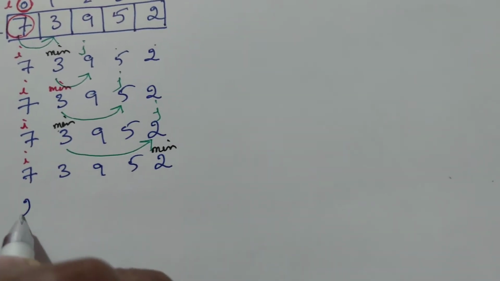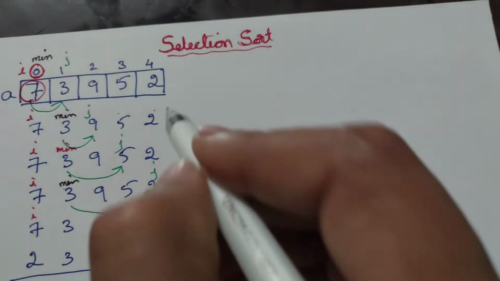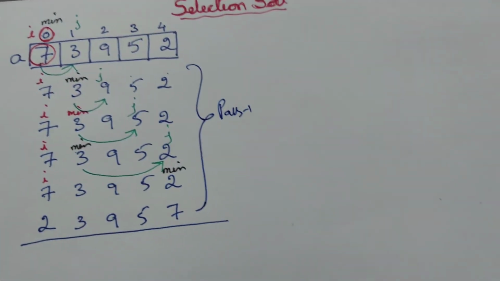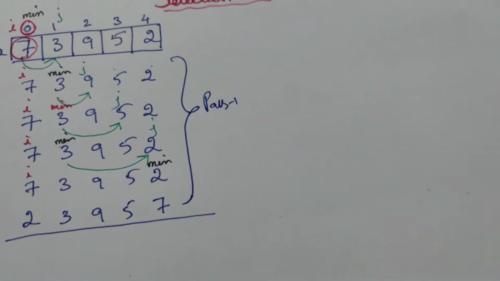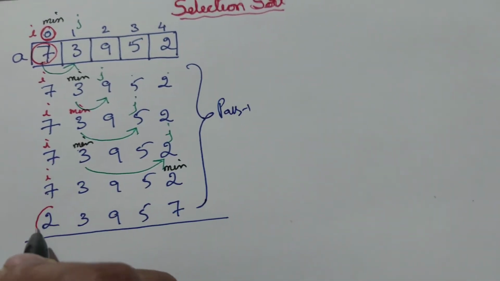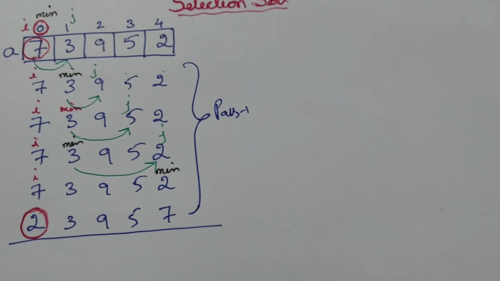This becomes 2, this becomes 7, and the remaining elements stay as they are. This is after pass 1, or round 1. After pass 1, among the given elements we found the smallest element and kept it at the initial position, the first position.